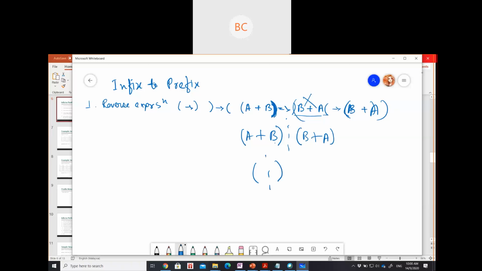Is it clear to you guys how your brackets will be converted along with the expression? So first you need to reverse the expression. Along with the expression, you need to reverse all your brackets as well. After that, you need to convert it into postfix.